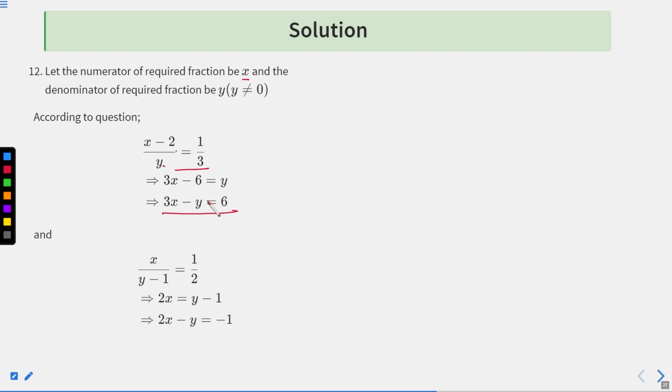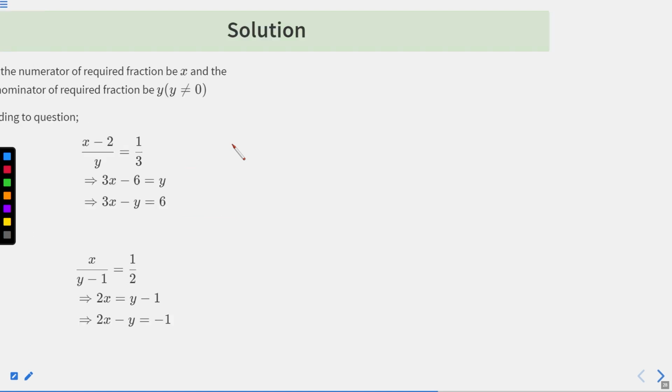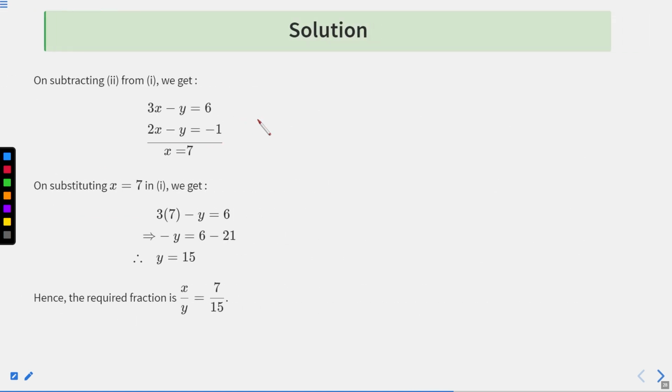And from the second condition, the fraction x over (y minus 1) is equal to 1 by 2, and it implies 2x is equal to y minus 1, which implies 2x minus y is equal to minus 1. So here we get two linear equations, 3x minus y is equal to 6 and 2x minus y is equal to minus 1. Now we can solve these two linear equations by using the elimination method.